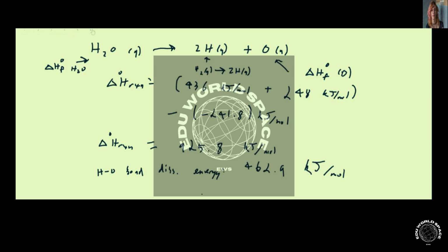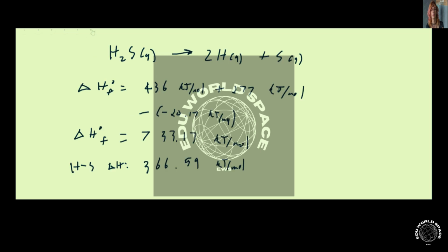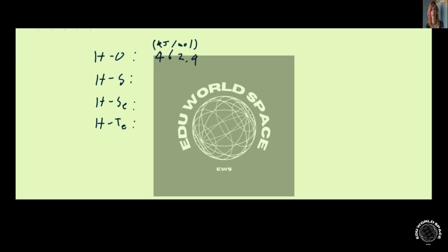So for our hydrogen-oxygen bond, 462.9. And these are all in kilojoules per mole. So we're just going to put that at the top of our table here. For HS, it's 366.59. 316.65.